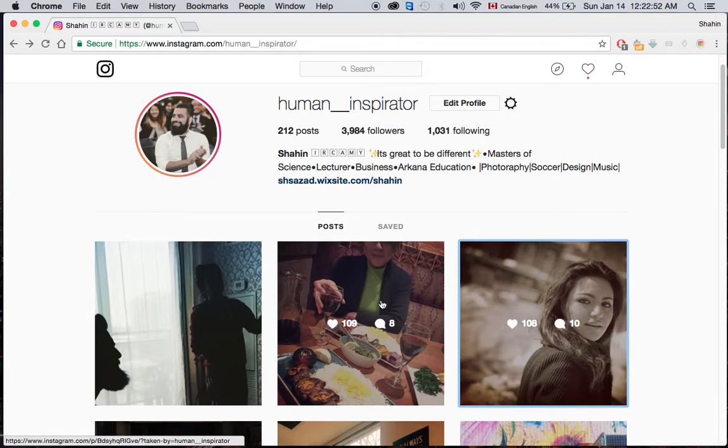So not only do you benefit and get their followers a chance to follow you, he or she, the other people, the photographer, model, designer, everyone benefits from it, because it's like everybody sharing audience together. So it's beneficial for both sides.